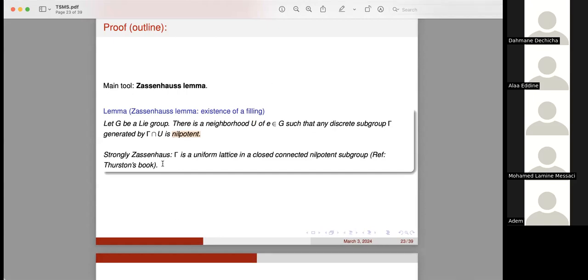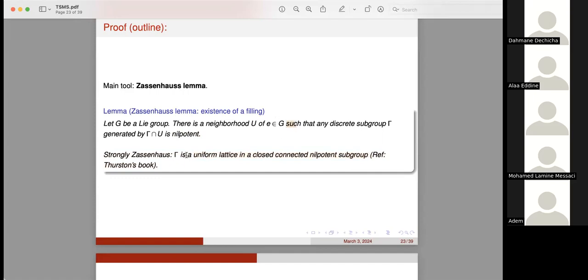But we have more than that. We have a stronger result, which we call strongly Zassenhaus neighborhood, which states that we have a neighborhood of the identity such that any discrete subgroup gamma which is generated by elements in U is in fact a uniform lattice in a closed connected nilpotent subgroup of J. So this is more than this.